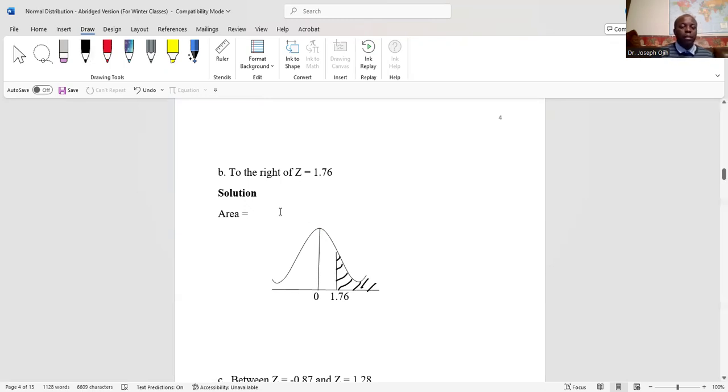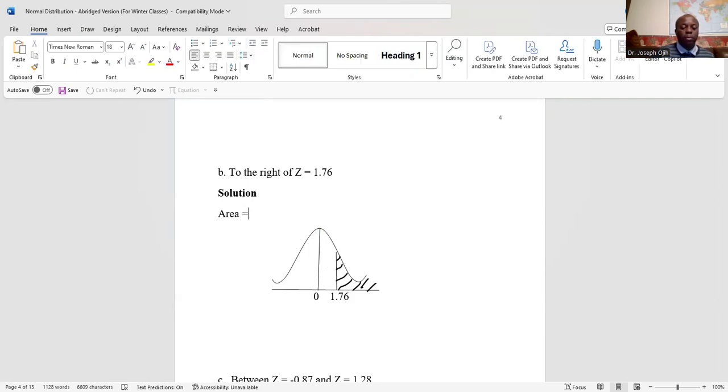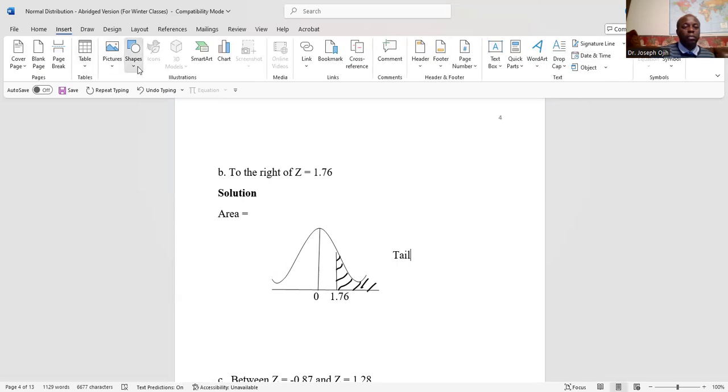Now, next is to go to the procedure chart to find a chart that looks exactly like this one. Whenever it's on this side, we say that it is at the tail side of the diagram. We say it's at the tail.